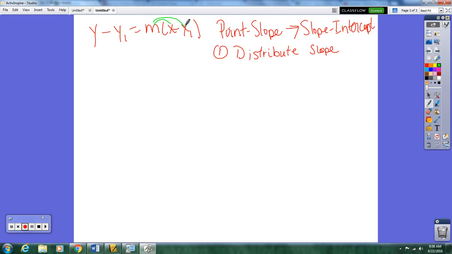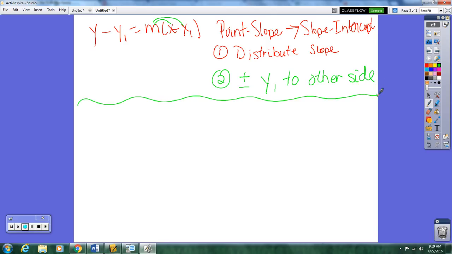What do we do with this y1? Well, if it's negative, we add it. If it's positive, we subtract it. So that second step is going to be add or subtract that y1 to the other side. And that's just a number. And from there, we should be good.